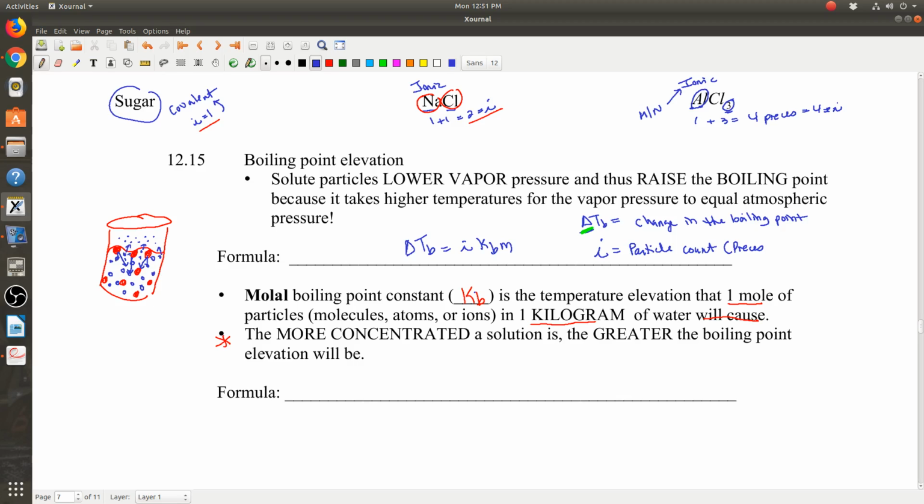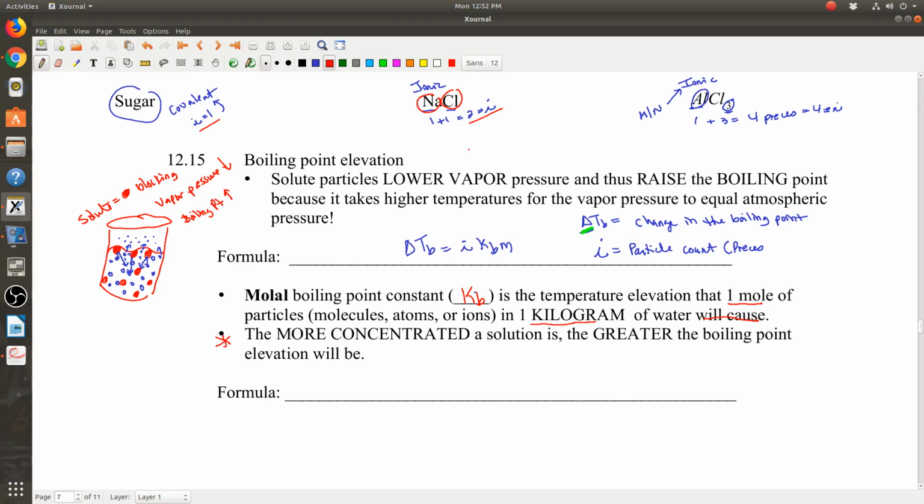So because the solute particles are blocking it, the vapor pressure goes down. Okay? If the vapor pressure goes down, the boiling point has to go up.